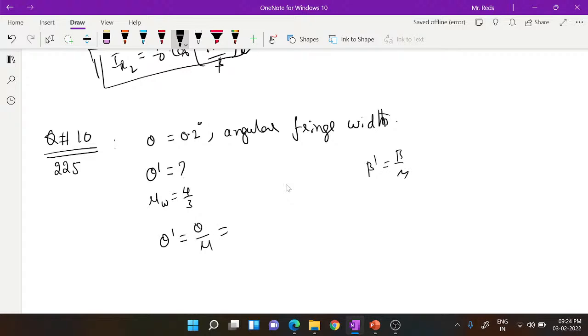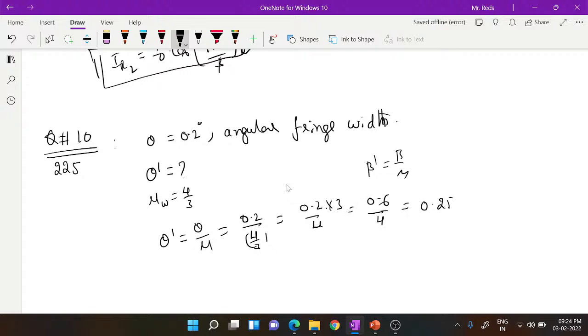So what will be this? Theta is given as 0.2, so theta dash is 0.2 divided by 4 by 3. This 3, if you take to numerator, you can write it as 0.2 into 3 by 4, so it is 0.6 by 4. 1 by 4 is 0.25.